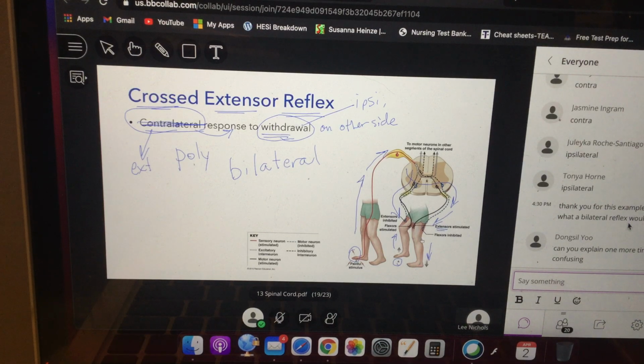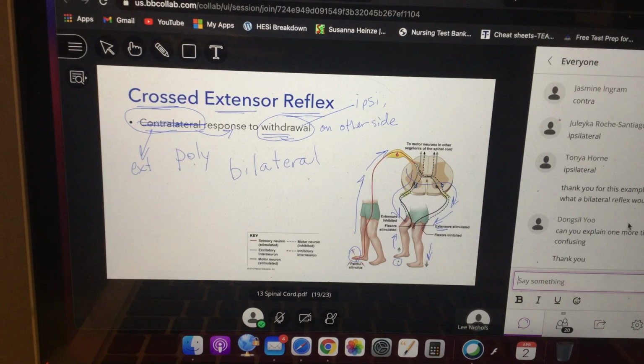And all of that happens reflexively. You don't do it voluntarily. So it's bilateral, many synapses, polysynaptic. The injury is only on the right foot, but you need the left foot to engage the extensor muscles of the thighs. That's all you need to know about it. Anything more than that is far more detailed.